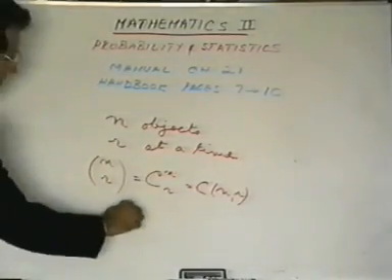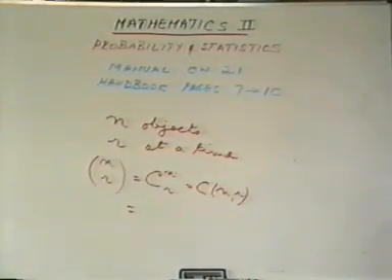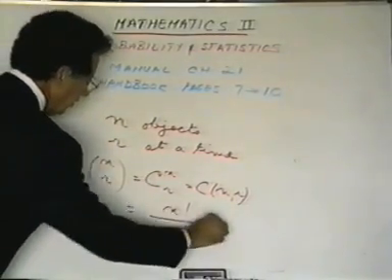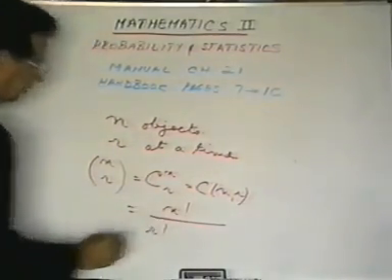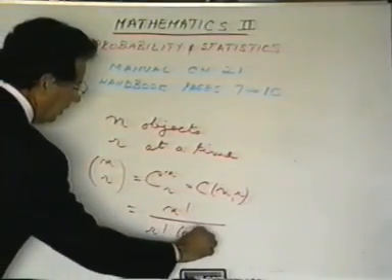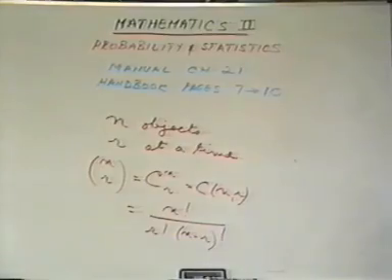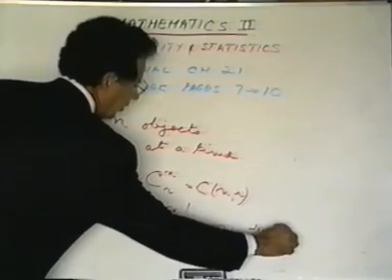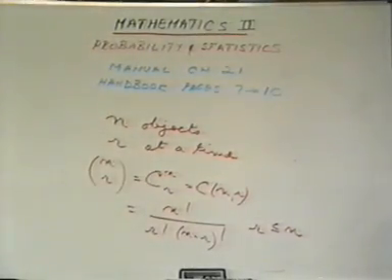They all mean the same thing. But that's equal to n factorial divided by r factorial times n minus r factorial. And of course r must be smaller than n, at least less than or equal to n.